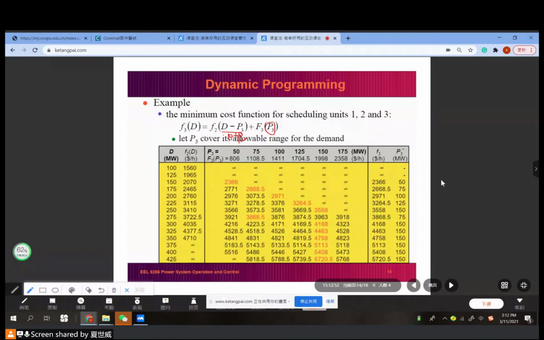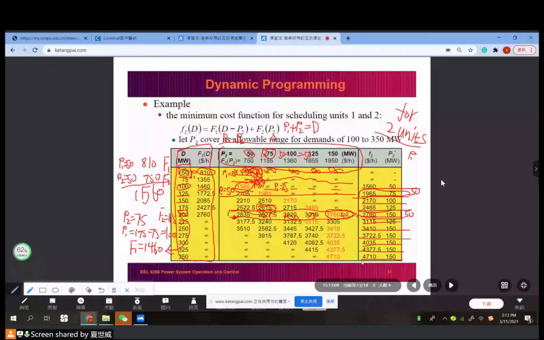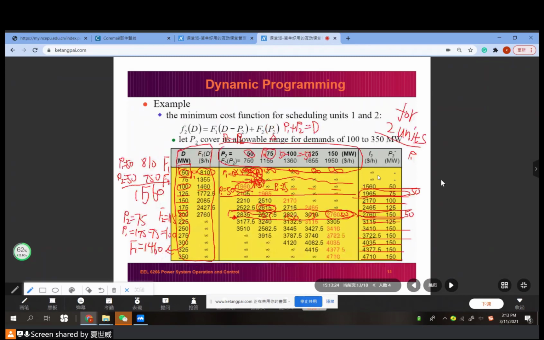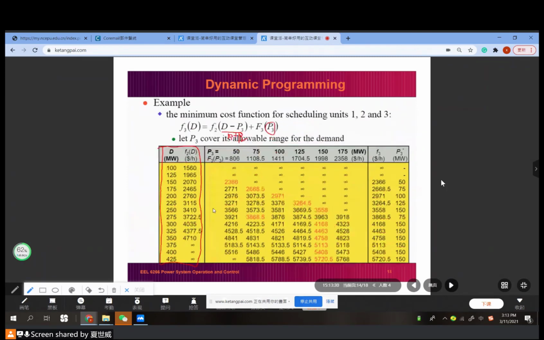So let P3 cover all the allowable range for the demand. Here, how did we get this data? Actually, this data is just the result from here, you see. That means to support the total load of 100, the best solution is this; for 125, the best solution is this. This is for 2 generators. We copy the data from here to here.